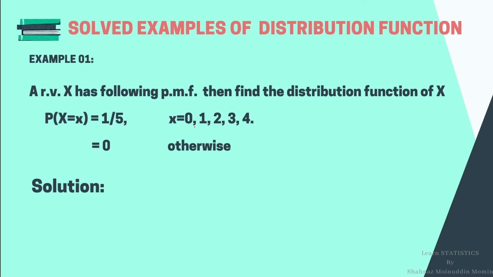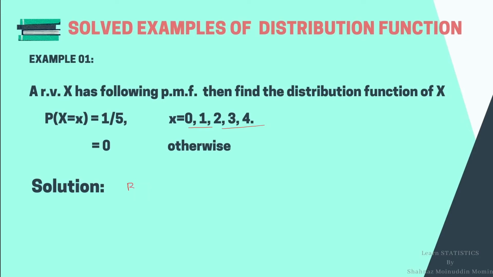Here x takes value 0, 1, 2, 3 and 4 and the PMF is 0 otherwise. Means value of PMF is 0 for other than these values. Here we have to calculate the distribution function for these values. So let us start with the solution.